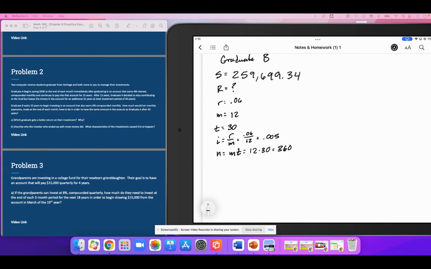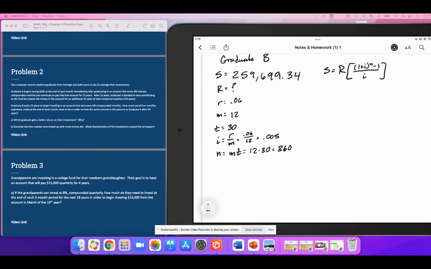And this is a future value of an annuity again. But this time we know how much we're shooting for, and we are looking for how much we need to put away monthly to make it happen. So we will have our future value of an annuity formula: 1 plus i to the n minus 1 over i.